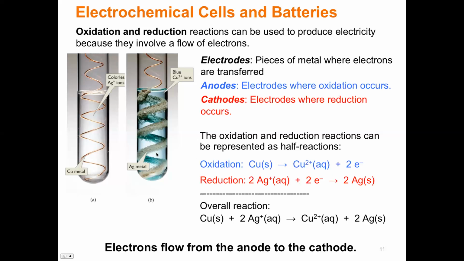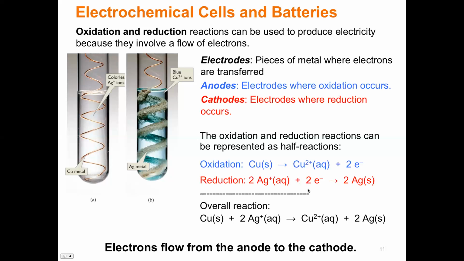You have silver salt in solution here, and that silver will become a solid and deposit itself on the copper. So overall, you have copper solid, silver salts in the solution, and then you're going to have the silver solid on the other side, all right?